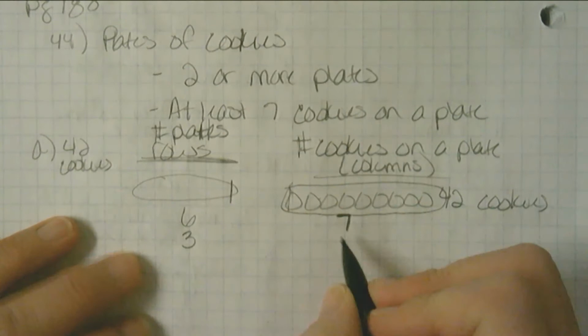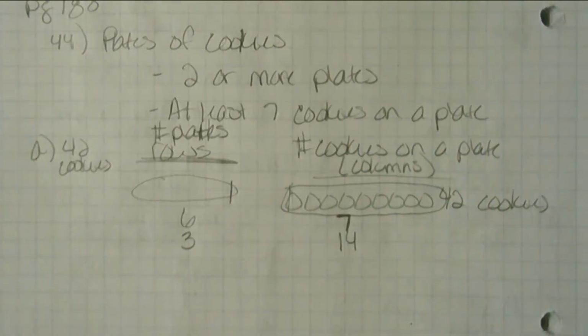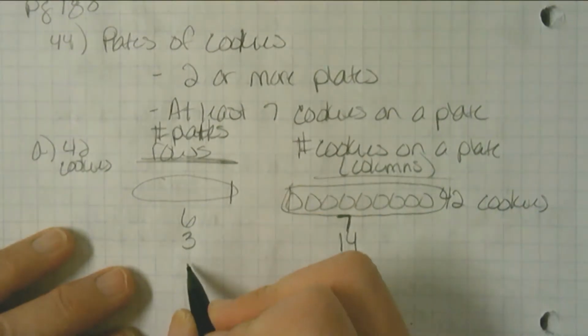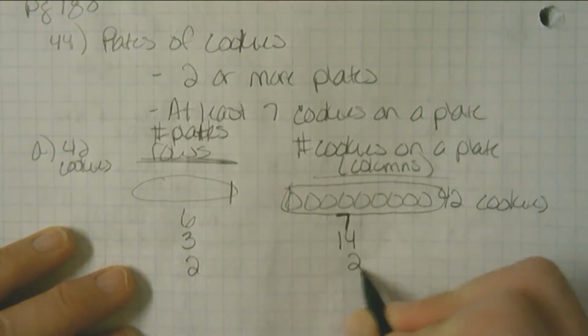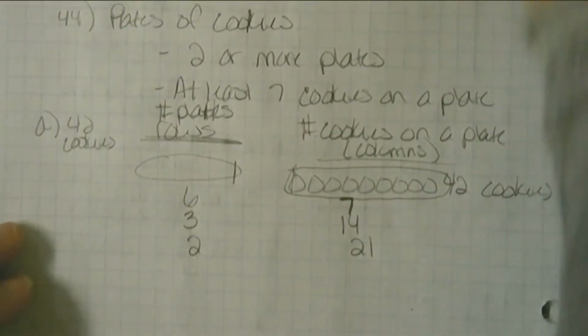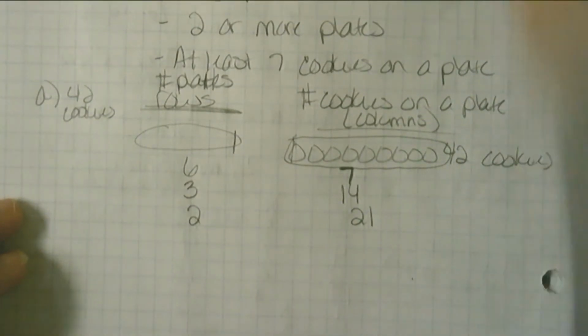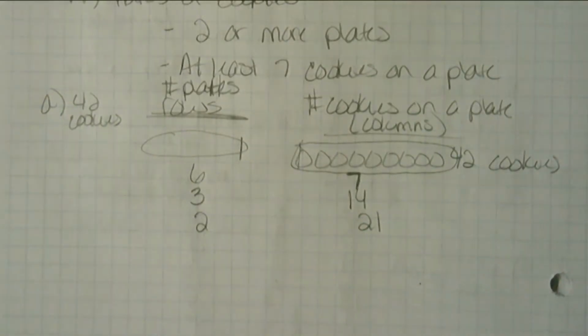So 3 plates with 14 cookies on a plate. What else? Kira? So 2 plates, 21 cookies on a plate. Keep going. Come on, I need all of you thinking about this, because on a test, no one's doing this for you. Think of your factors. Pierre?